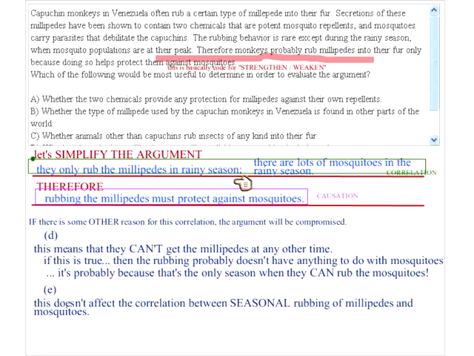For example, if choice E said something like other species that are not available during the rainy season have these chemicals, then that would affect us here, because that could be a factor. But even if there are other insects like this, unless it has some bearing on what we observe about the seasons, it doesn't really help us or hurt us. Only simplifying the argument is really going to help you figure that out. If you don't have a simplified argument, it's very difficult to tell what goes on here.